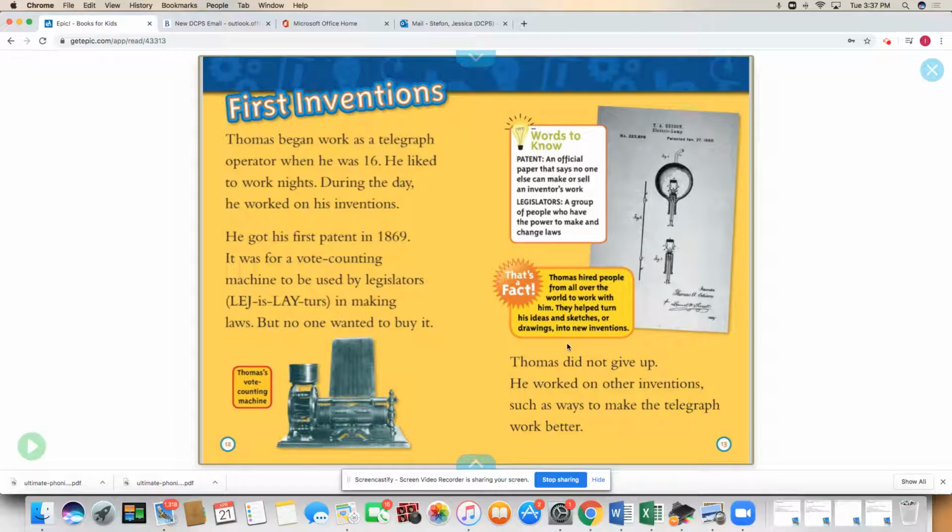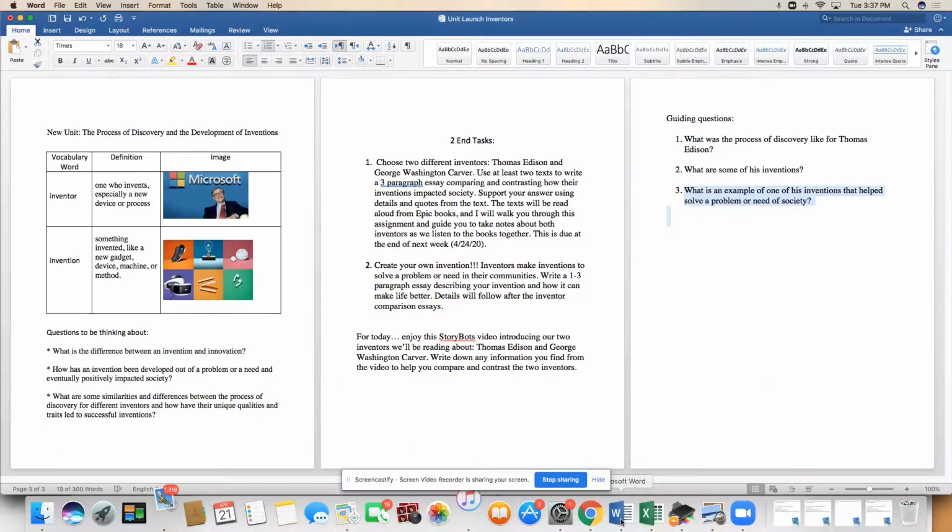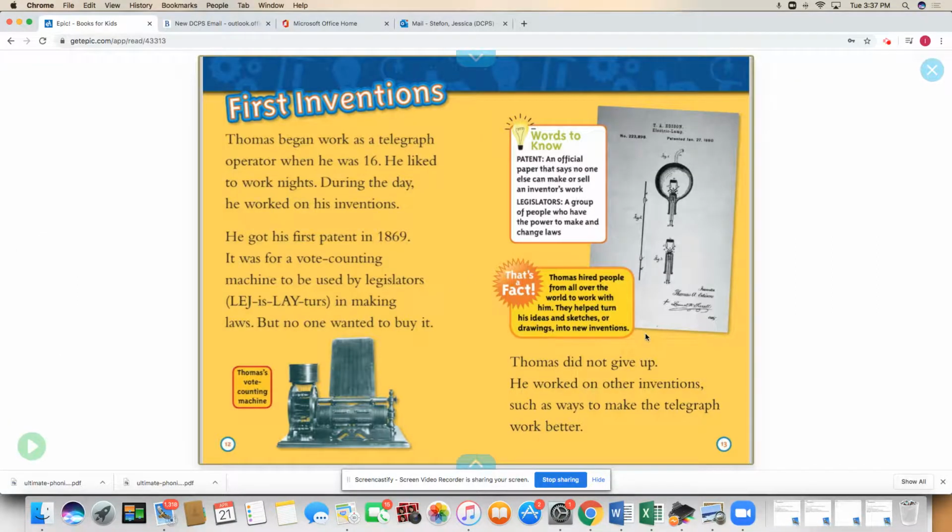Thomas hired people from all over the world to work with him. They helped turn his ideas and sketches or drawings into new inventions. So these are some things that you could be writing down too. This is all part of his process of discovery. You're learning all the different ways that he started discovering and inventing new things.